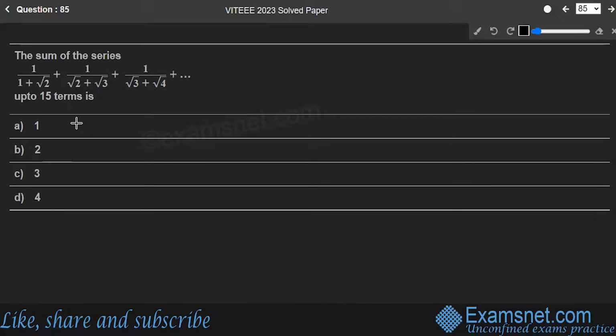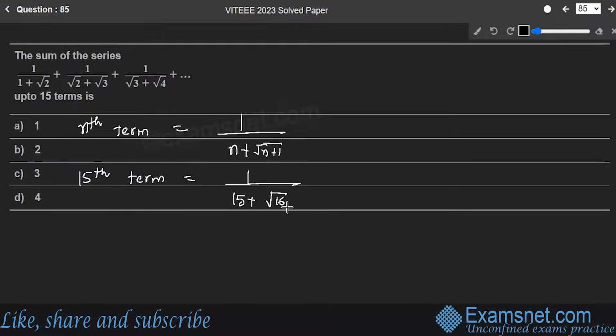So here you have this series, the nth term will be given by 1 upon (n plus root of n plus 1). Correct? That means the 15th term will be given by 1 upon (15 plus root of 16).